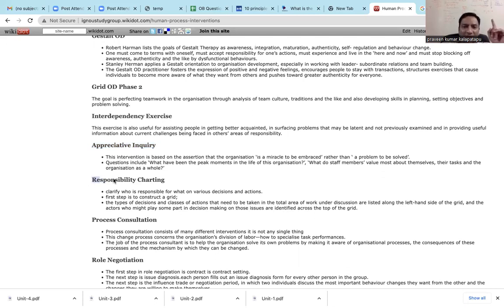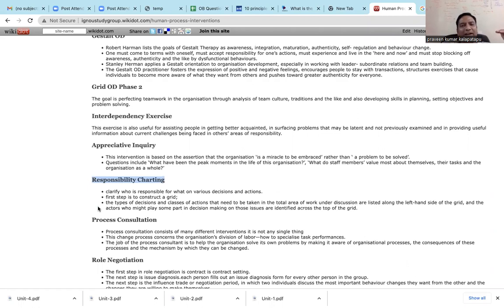Next is responsibility charting. As you can determine by the name, you are putting together a chart of responsibilities. So basically, you are saying these are the roles. Role 1, manager: this is what he is supposed to do. Role 2, supervisor: this is what he is supposed to do.